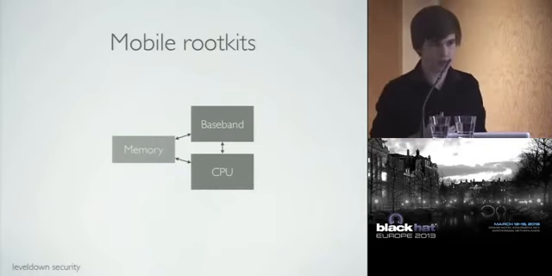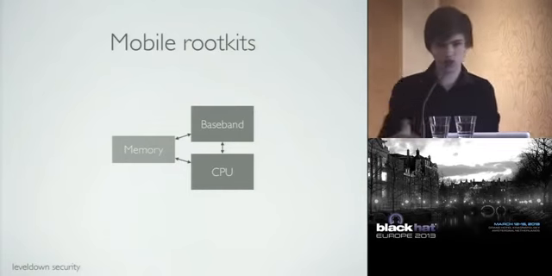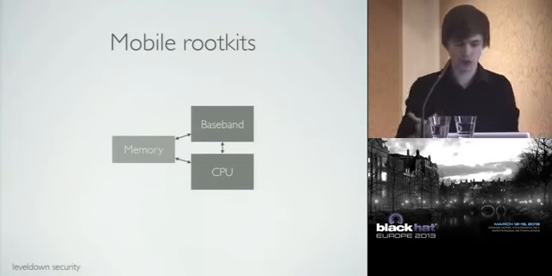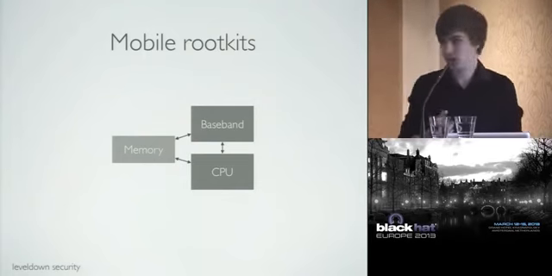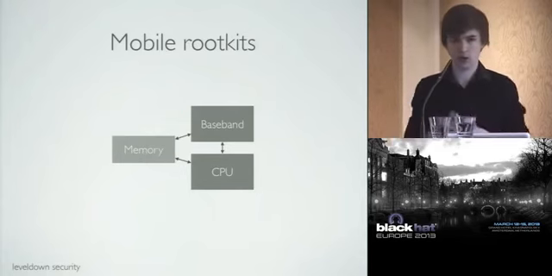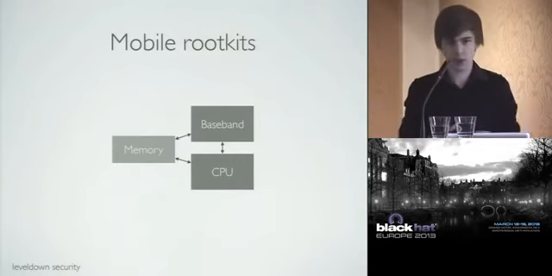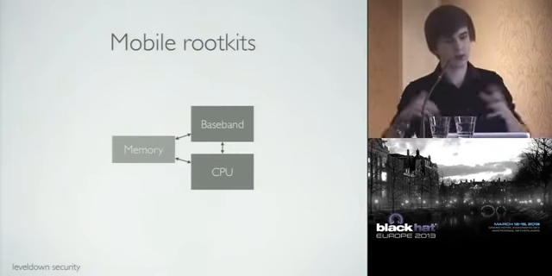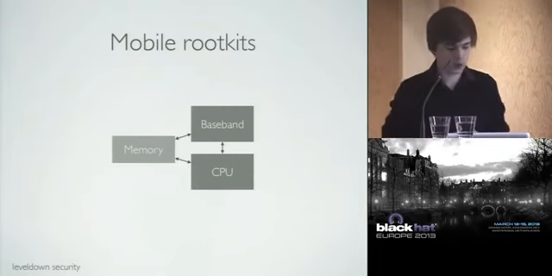One is the baseband, that's the communication processor, which does stuff like 3G and LTE, and the CPU. The baseband, interestingly, seems to have direct memory access on almost all mobile phones. So if you manage to get a rootkit into the baseband, you can access the entire memory, but unfortunately not the peripherals around the CPU, like secure elements and so on.